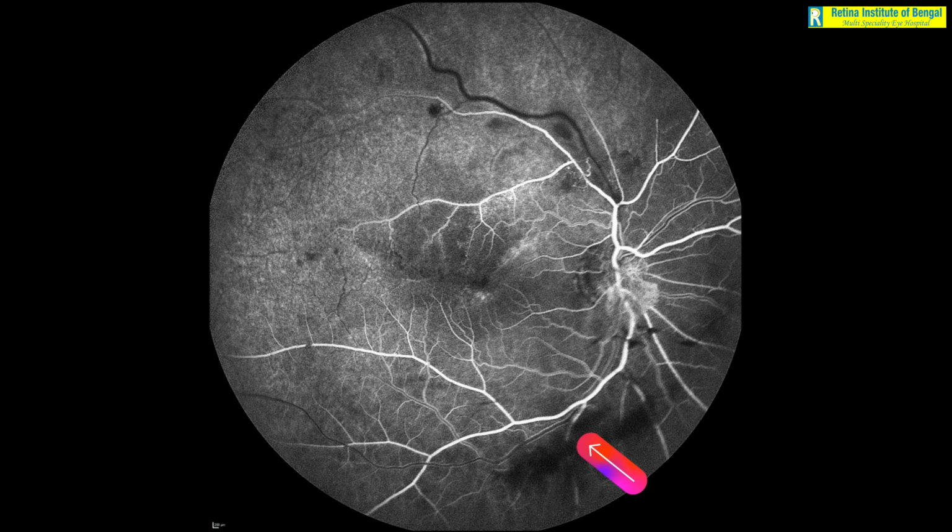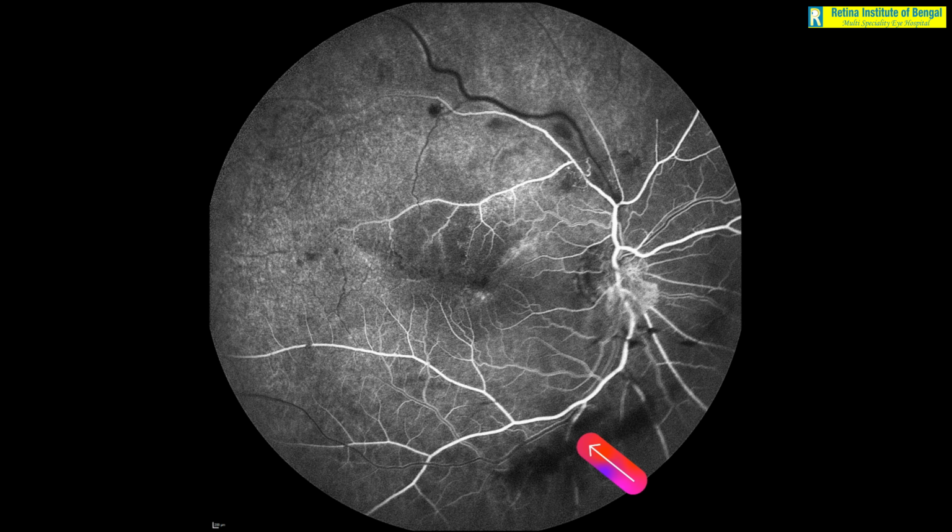That means the dye has moved from the arteriole to the corresponding vein. But look at the same time at this particular vein. Even though the dye has entered the corresponding vein here, it has not entered this vein at all. It is still dark, and you can see here that the dye is stuck somewhere. So that's the reason why this vein still has no dye.